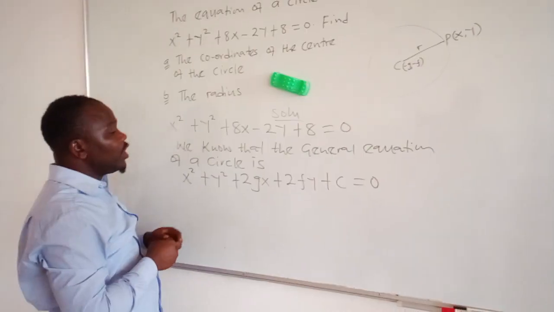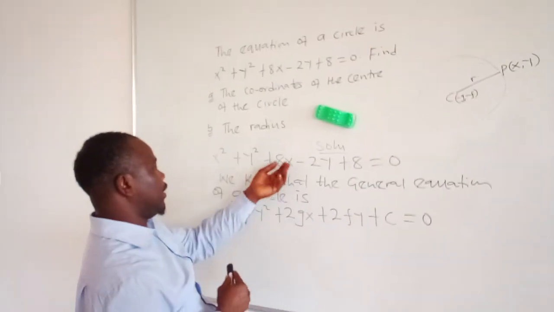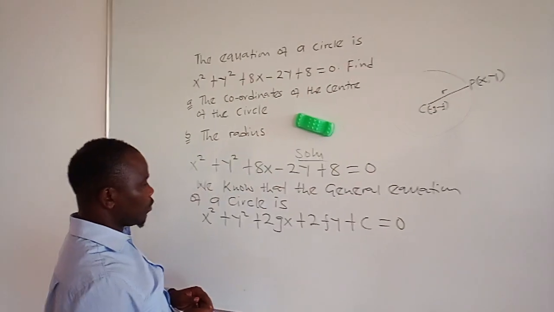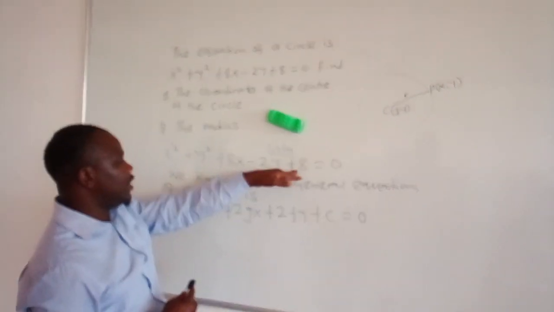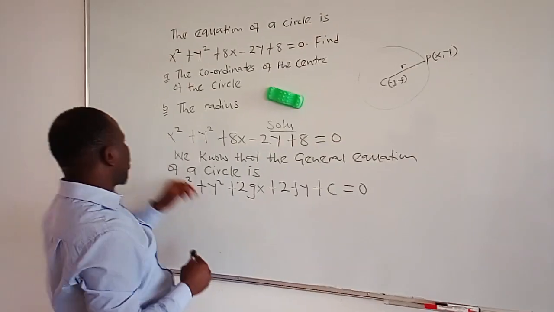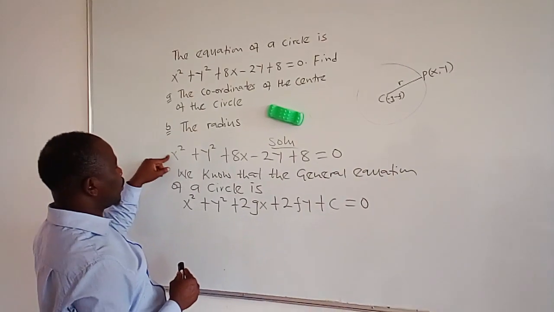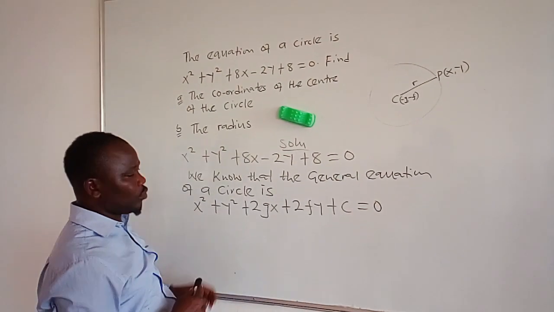Okay. So if you agree with me, it means we are going to compare this and this. Look at this equation. You discover that this equation of a circle is of this form, true or false. Note that here we don't have a coefficient of x squared. Likewise, we don't have a coefficient of y squared.